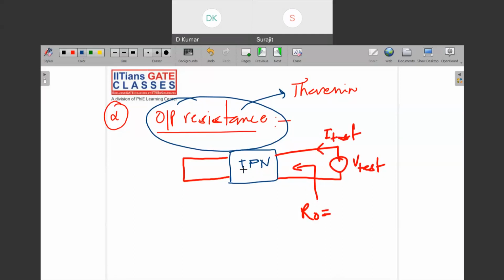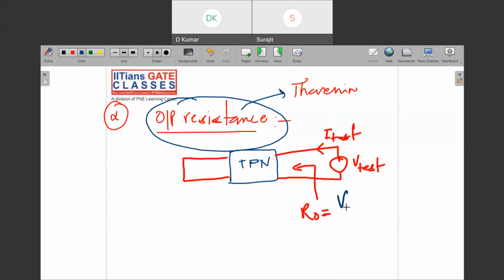As we know, the amplifier will have dependent sources. The amplifier is modeled with the help of dependent sources. You might have studied in network theory, network analysis or electrical engineering, that if there is a dependent source, we need to connect one test voltage and then take the ratio, right?